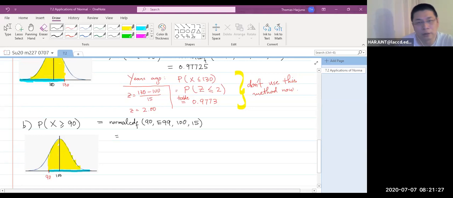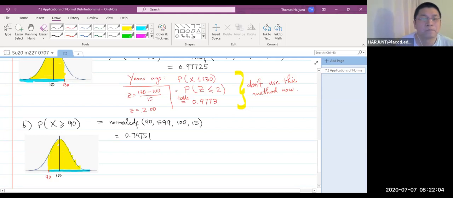I have my table calculator. 0.74751, that's right.